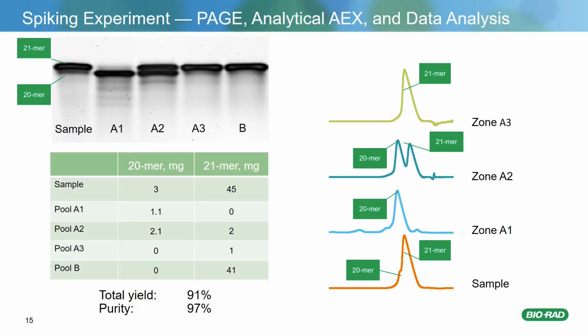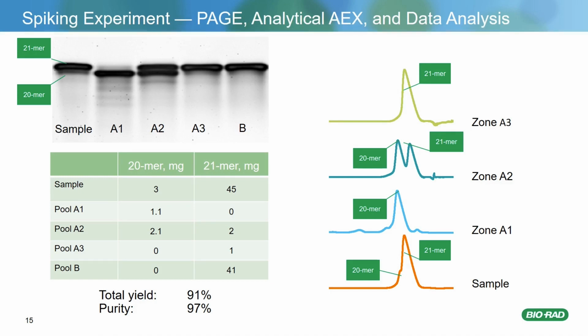Here are the results of the PAGE, analytical AEX and the data analysis of this spiking experiment. So up top you see the SDS-PAGE runs of the fractions A1, A2, A3, and B, which is the main peak. The initial sample had 3 mgs of the 20 mer and 45 of the 21 mer. Pool A1 had 1.1 of the 20 mer, no 21 mer.